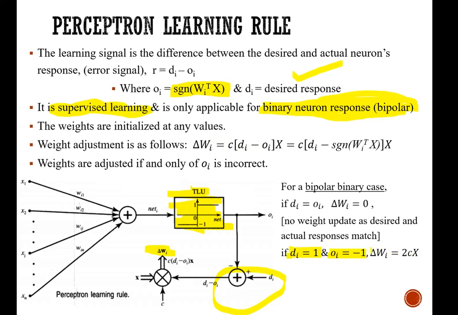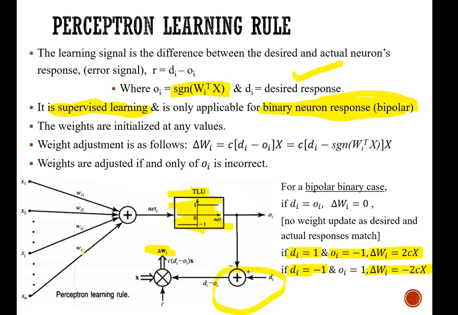The weight increment equation becomes much simpler. Next, if d_i is equal to -1 and o_i is equal to 1, substituting gives -1 minus 1, which is -2. So delta w_i will be -2cx. Is that clear? This is what we get for the perceptron learning rule.